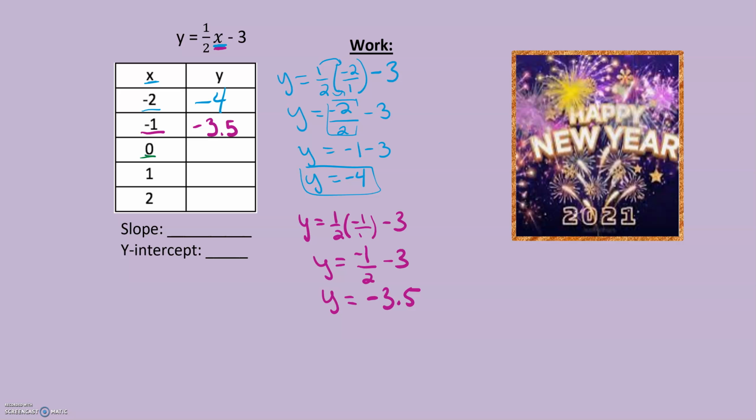Alrighty, we're going to do that with 0. 0 is a great value to pick, because when we plug it in, anything times 0 is 0. So y equals 0 minus 3, and y is -3. I really like this because that tells us when we had that y equals mx plus b form, which is what this equation is in the form of, that 1/2 gives us our m, and that -3 gives us that b, which is our beginning point or our y-intercept.